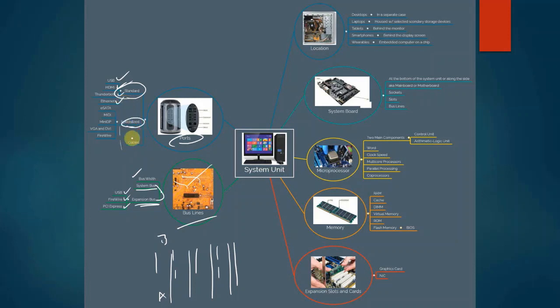There are also specialized ports. One of note would be your MIDI port, a special port for musical instruments like your electronic keyboard or your sound card. You also have your VGA and DVI for those of you who are not using an HDMI port.